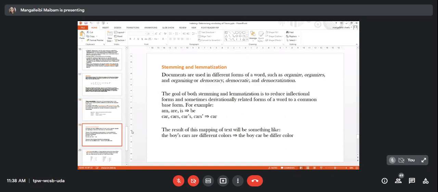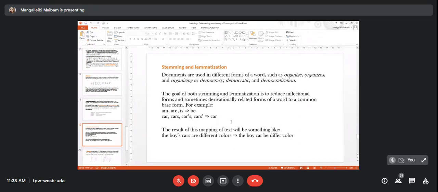Now, stemming and lemmatization. We will see stemming and lemmatization today. Yesterday I said that all the words will be converted into a base form, so that it will recognize all the different forms of the same word.